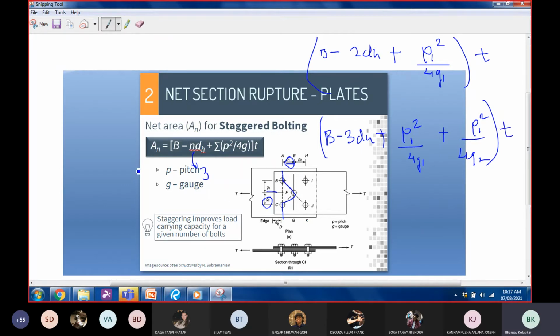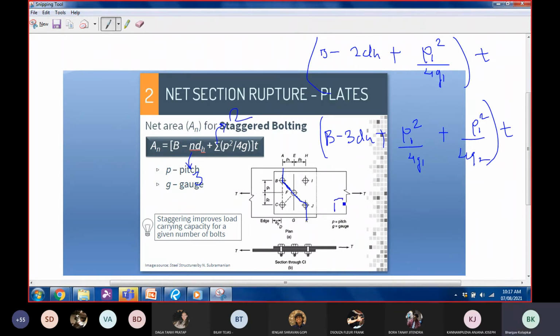Okay. Now let us take another case wherein the failure path would look something like this: A, B, F, J, K. Along this path, I have 3 bolt holes and I have 2 staggered arrangements.